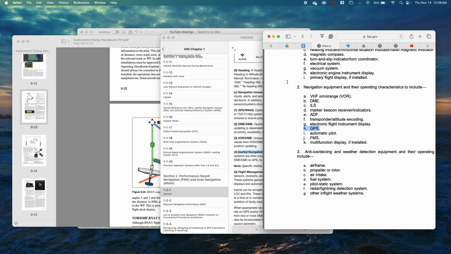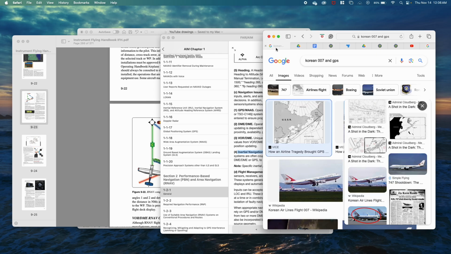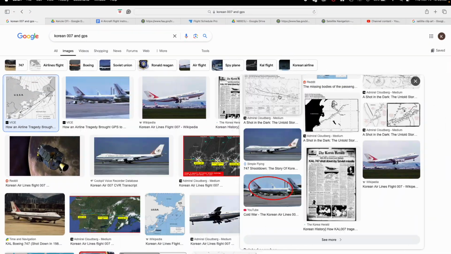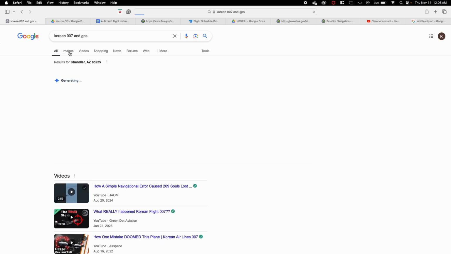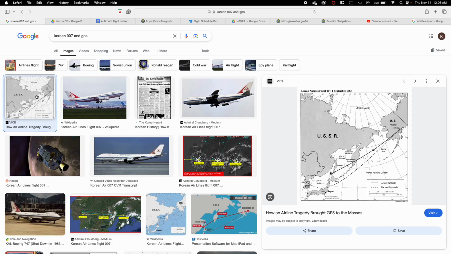An example of this, actually, an incident happened. Korean Air Flight 007. Korean Air Flight 007 took off out of Anchorage, Alaska. If I can pull it up. There we go. So it took off out of Alaska, and it was supposed to go to Seoul, South Korea.